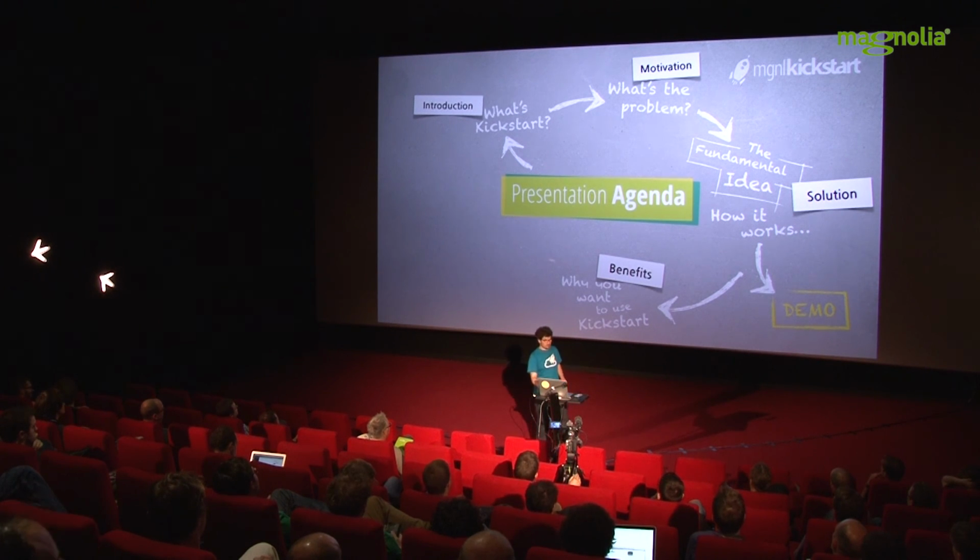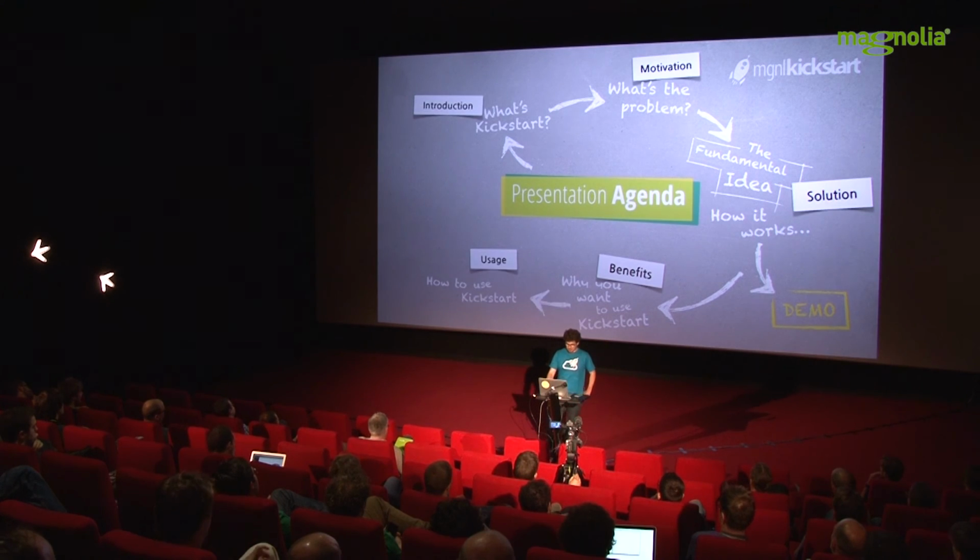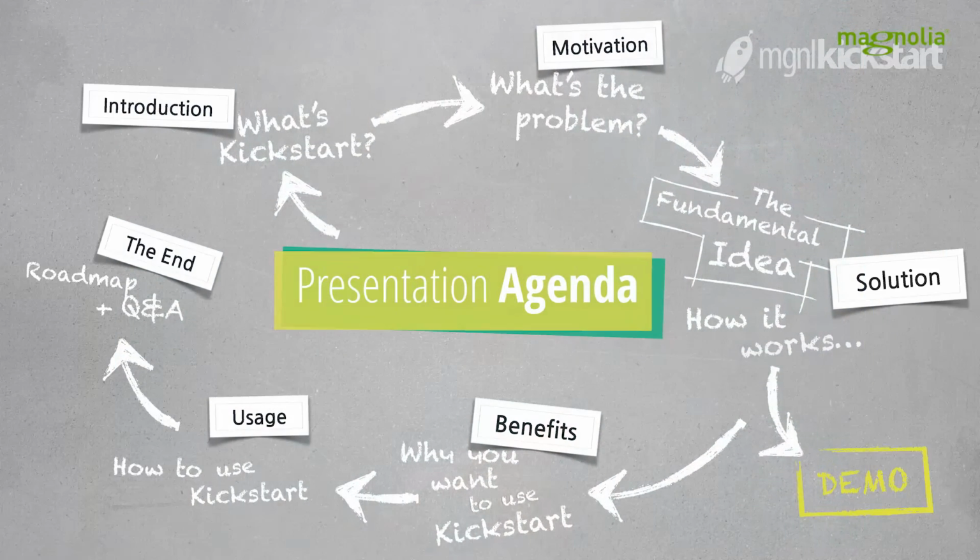Next, I want to discuss some benefits using the Kickstart approach of creating Magnolia sites. So why you might want to use it. I want to explain the usage, so how we intend that you can use actually Kickstart in your projects or for your projects. And I will show some roadmap, and hopefully we have some time for some Q&A session.